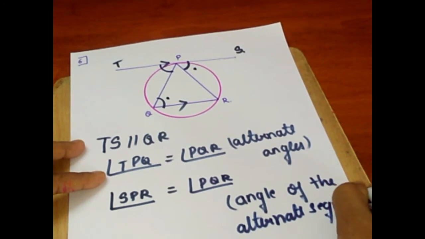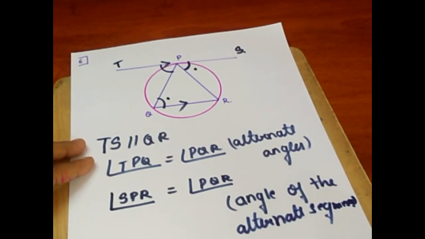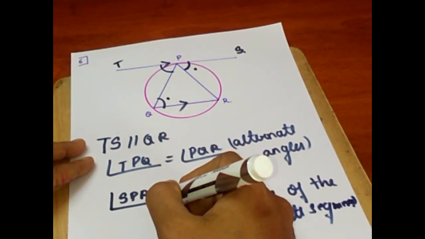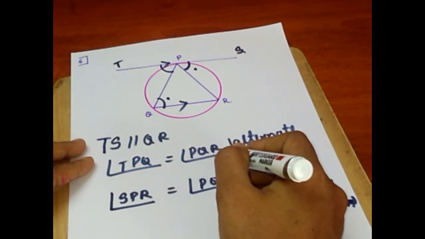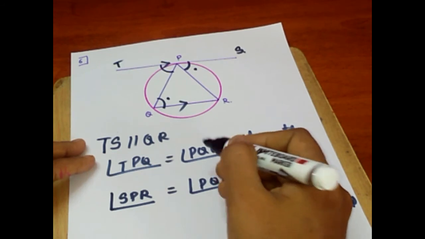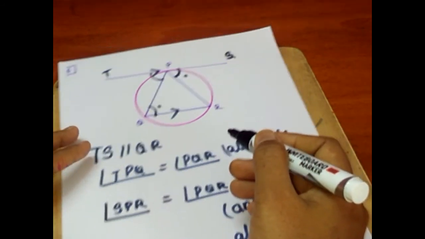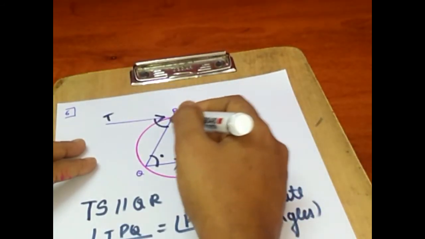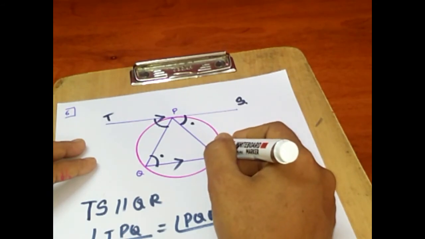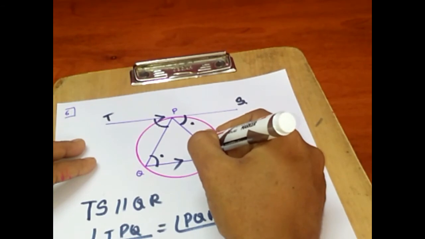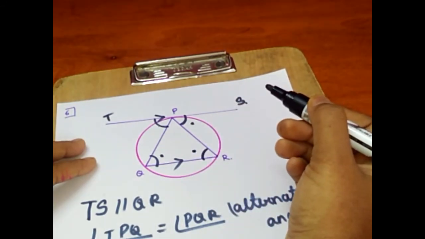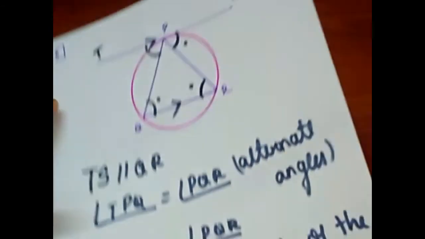So by comparing result 1 and result 2, what we can find? We can find that angle PQR is equal to one more angle, which is the other one angle, children. Here angle SPR is equal to the angle, that is PRQ. Why? Because again alternate angles. That is point number 3.